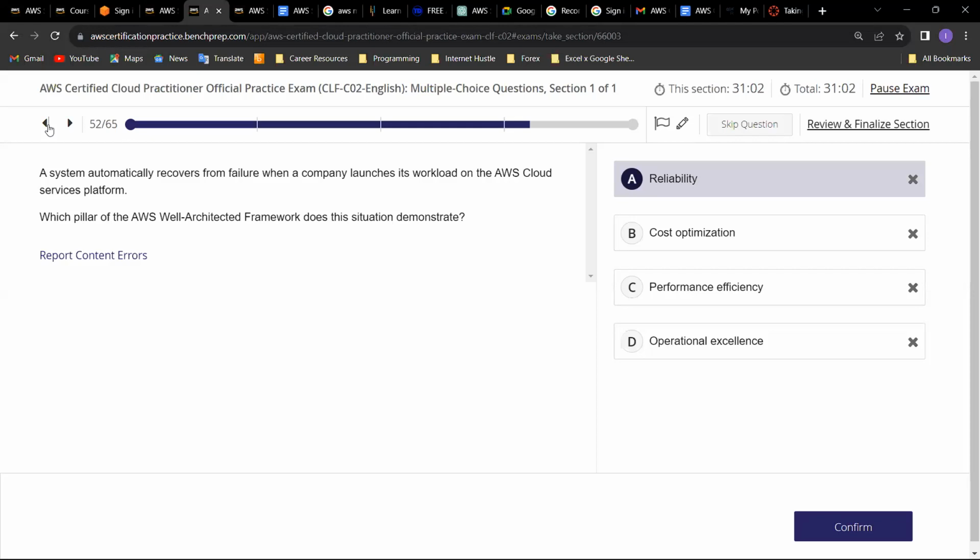Which one would you choose? In the Well-Architected Framework, high availability and fault tolerance are all part of reliability. So the best answer would be reliability. High availability is not a pillar.